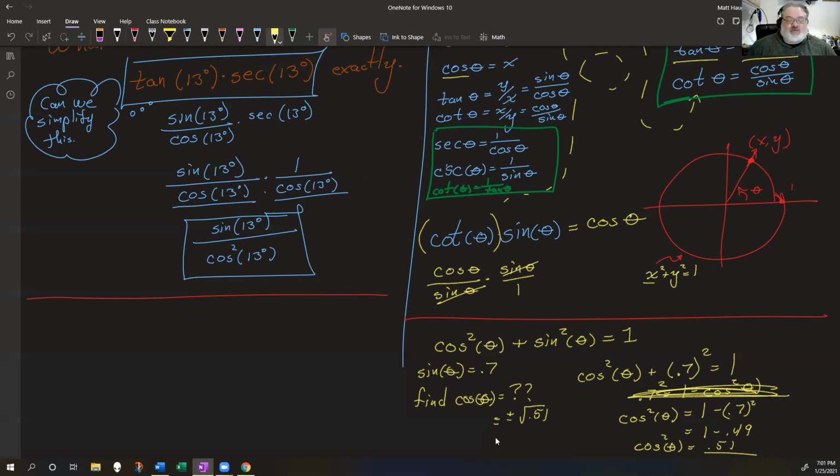Do we know whether it would be positive or negative? Since we don't know what quadrant we're in, we don't know whether it's positive or negative.